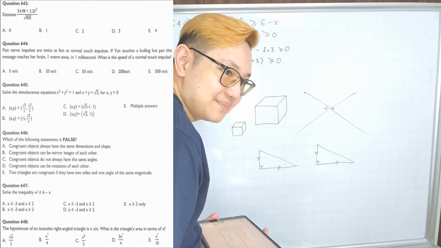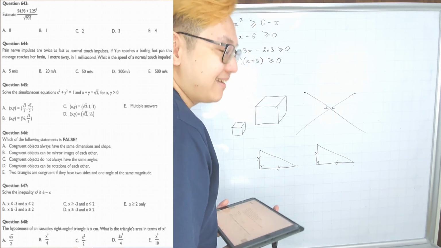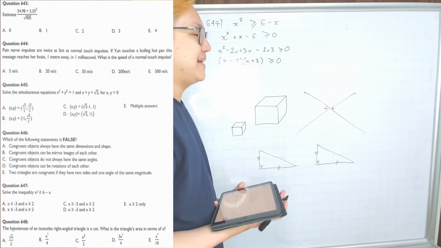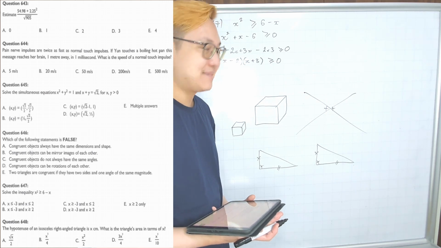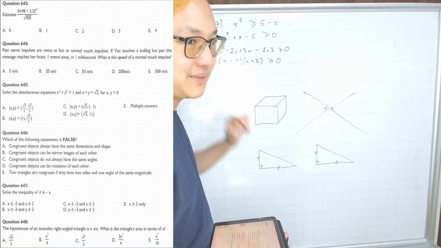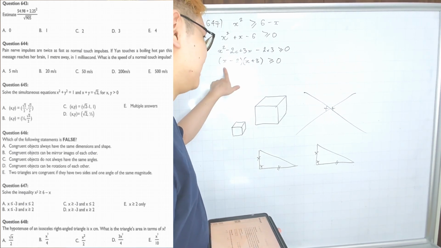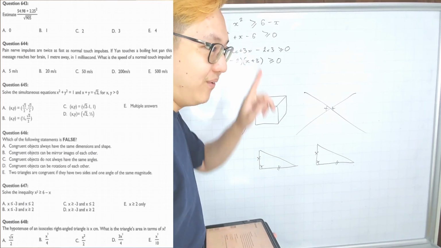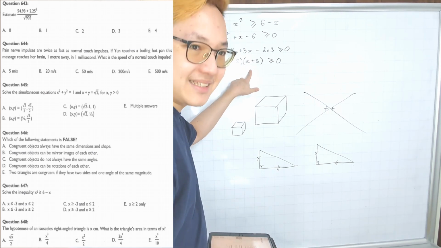so what does it mean? There are several cases. If this thing times this thing is bigger or equal to 0, both of them must be positive, or both of them must be negative, right?